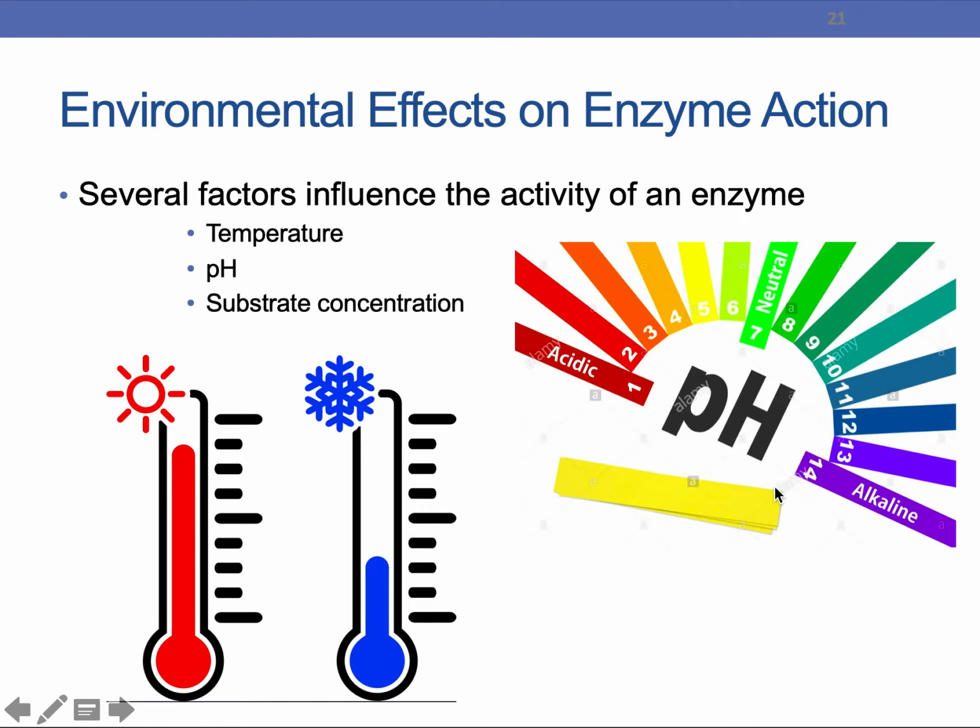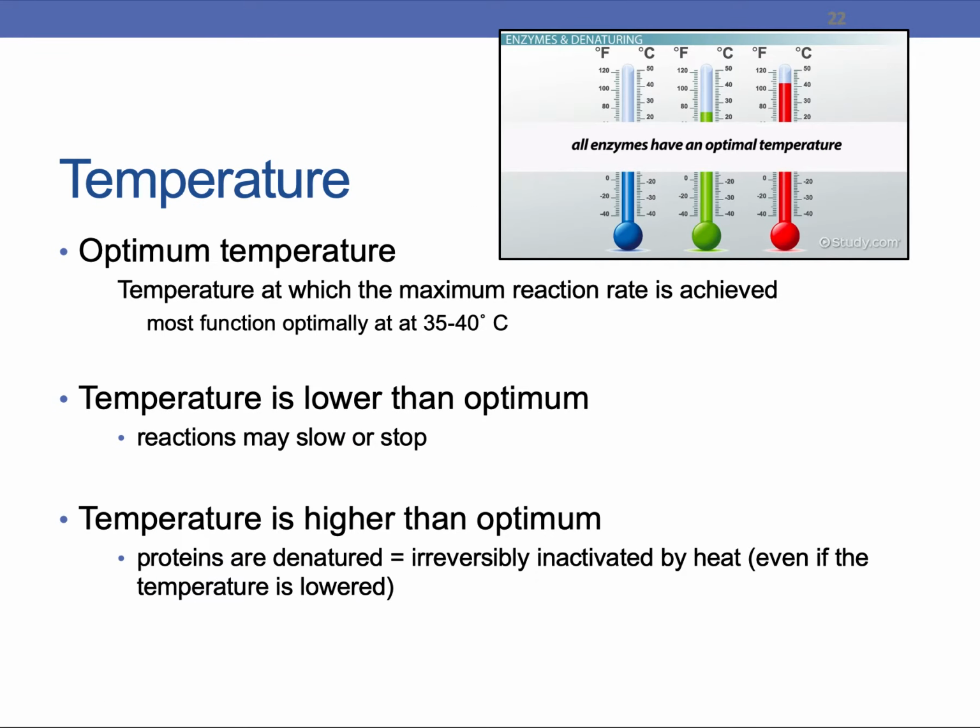There are some environmental conditions that also affect how enzymes perform. We have temperature, we have pH, and the concentration of the substrates. So if you look at temperature, we talk about temperature mainly in 3 terms. We have optimum temperature. That's the temperature at which the enzymes perform best.